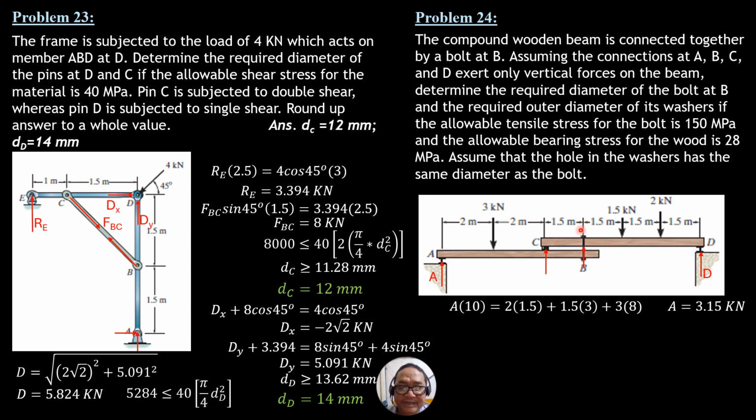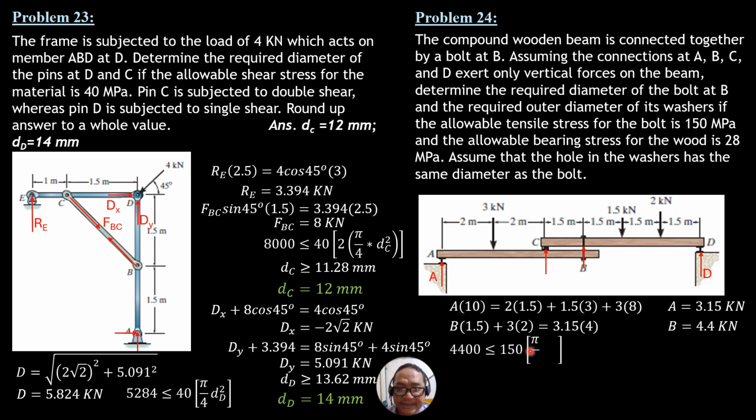So the tensile force at B times 1.5 plus 3 times 2 equals the reaction at A, 3.15 kilonewtons, times 4. So the force at B is equal to that value there.